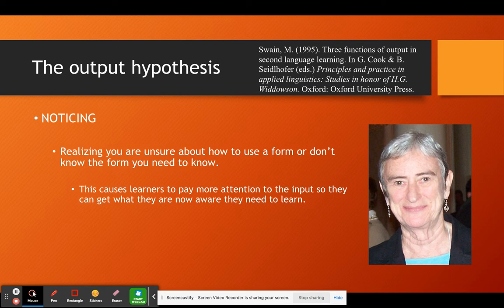In this case, the gap refers to the gap between the interlanguage and the target language, the gap between what the learner is trying to learn and what the learner has already learned. These noticing situations that happen with speaking and writing cause learners to pay more attention to the input. Once they realize that they're missing something, they start looking for it.